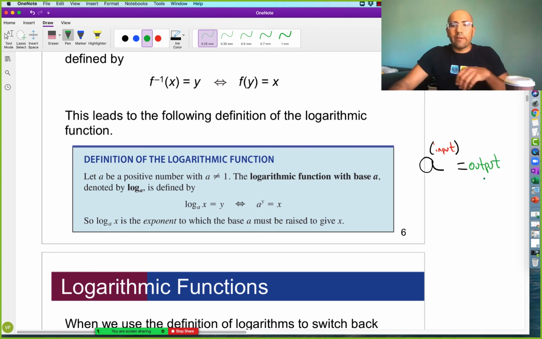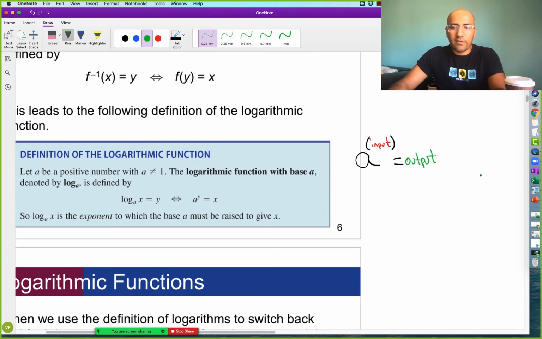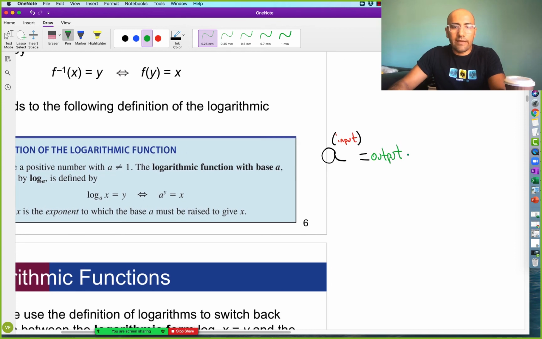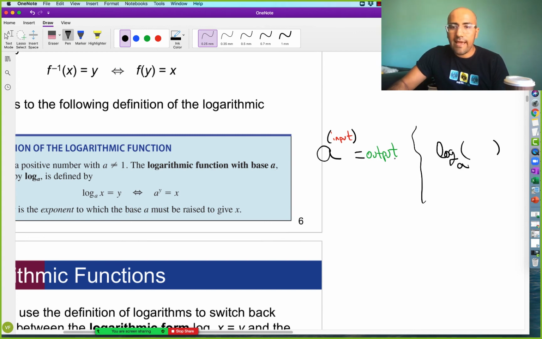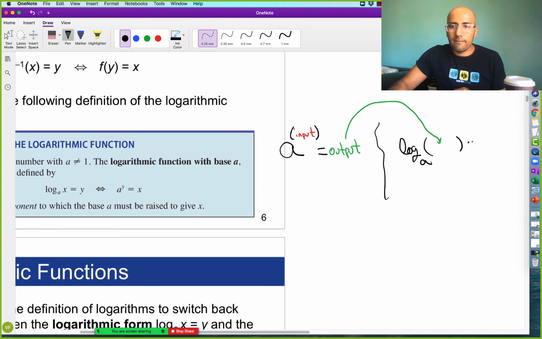Okay, but now if we want to undo this process, reverse it, get back to where we started, that's where this logarithm situation comes from. We're going to have this new function that we denote by log base a. And now this output of the exponential is the one that goes in there. And the output of this log function is going to be what we started with.